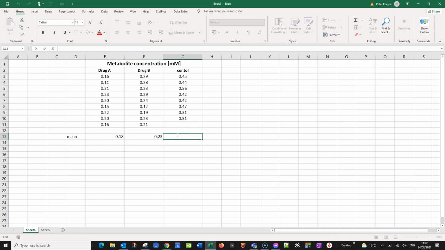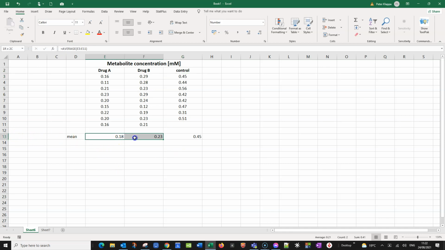And here again we calculate the average for the control, and you probably noticed that we don't have the same sample size for the control. And we've got 0.5, and of course, control should be with an R. Okay, so here we've got our means.